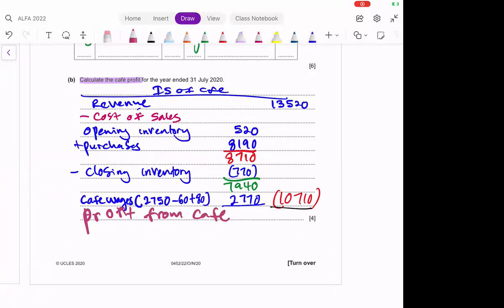Profit from cafe is 2810. Get it? The students who got it wrong, can you understand? All good? Any question, please ask me before we move on to the next one.